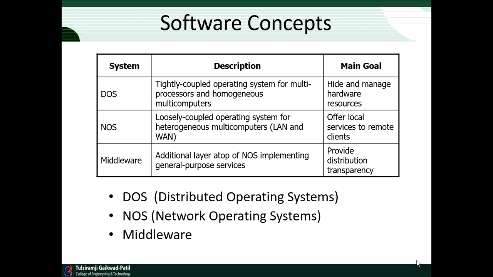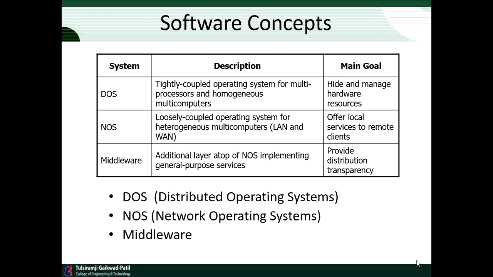Now this is about the hardware concept. Now we will move toward the software concept of the distributed system, where we are going to study DOS, that is the distributed operating system, network operating system, and middleware. Here the distributed operating system is a tightly coupled operating system for multiprocessor and homogeneous computers.